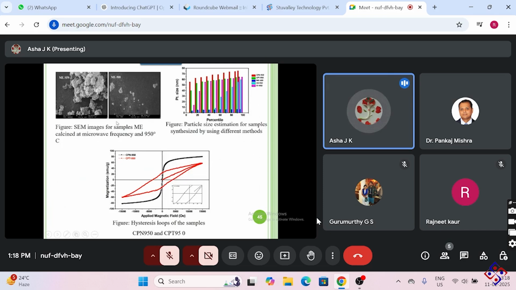So here is the figure which explains SEM images for samples ME calcined at microwave frequencies and at 950 degrees Celsius. And this is a graph which explains a particle size estimation for samples synthesized by using different methods. And these are hysteresis loops for the samples of CPN 950 and CPT 950.